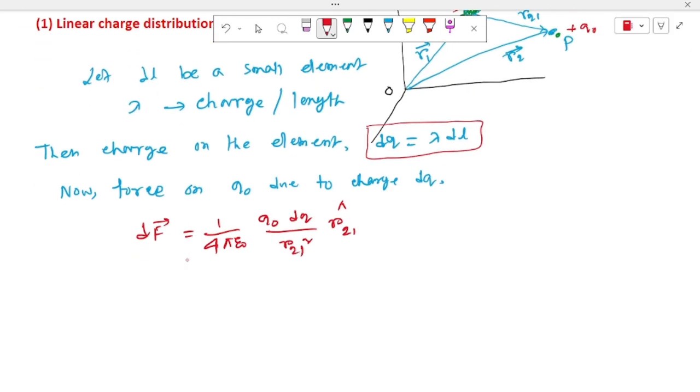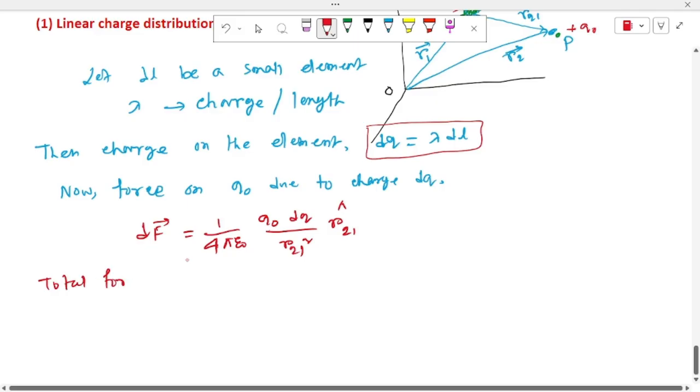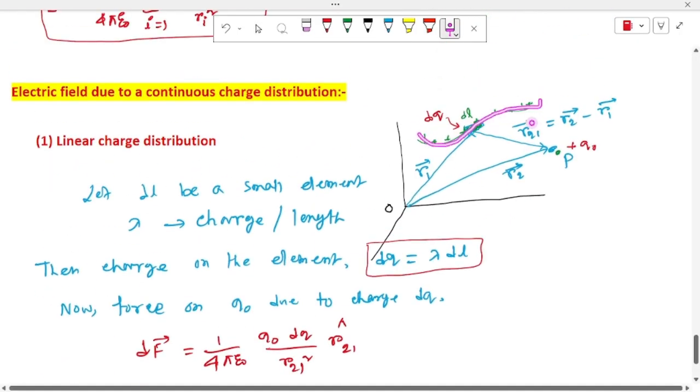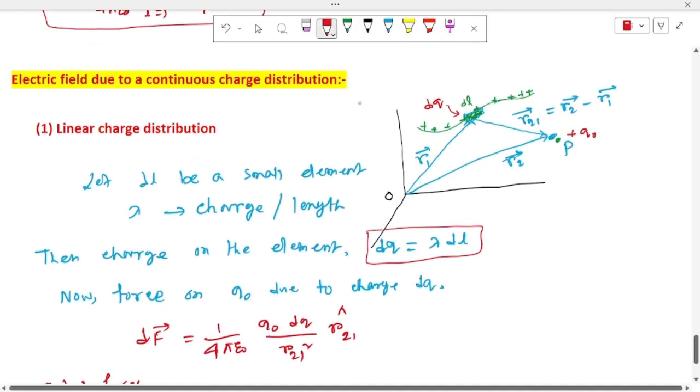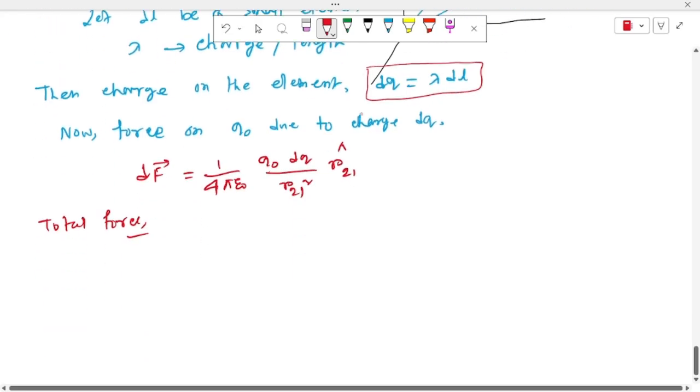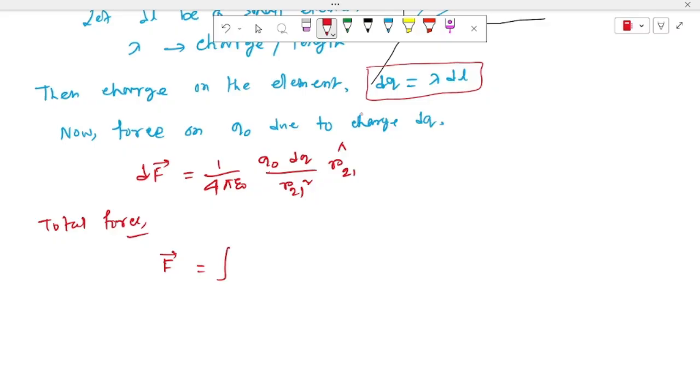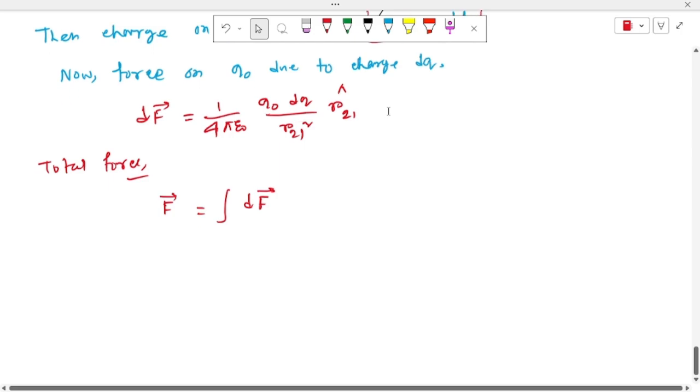Then the total force due to this whole line element will be F vector equal to integration of df, as this is continuous charge distribution, so we integrate it.